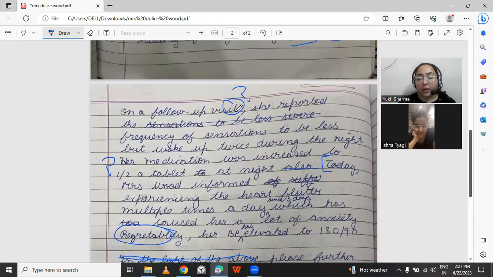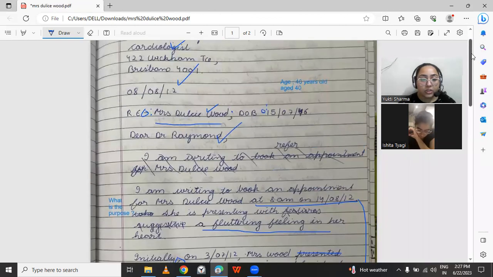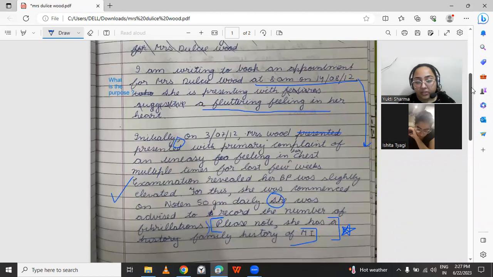Now, again, you have not mentioned the date, so the doctor will not be able to know. They don't have the case notes. They are understanding the situation from your letter only. So you have to mention on her follow up visit on 17/7/2009. The date of writing is 8th August, and the previous visit was 3rd July.